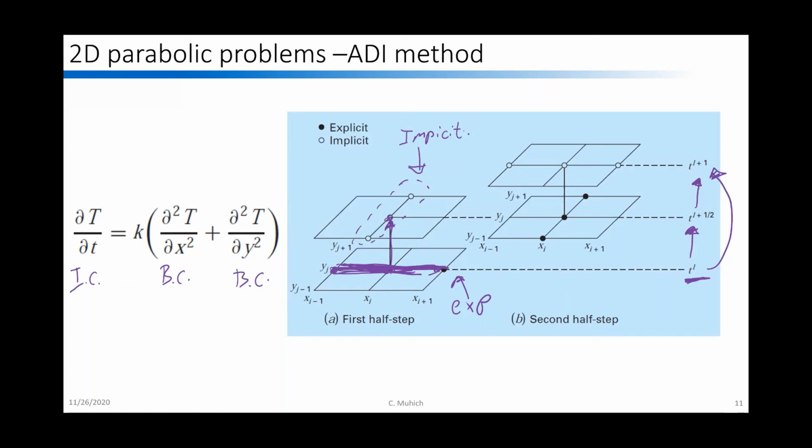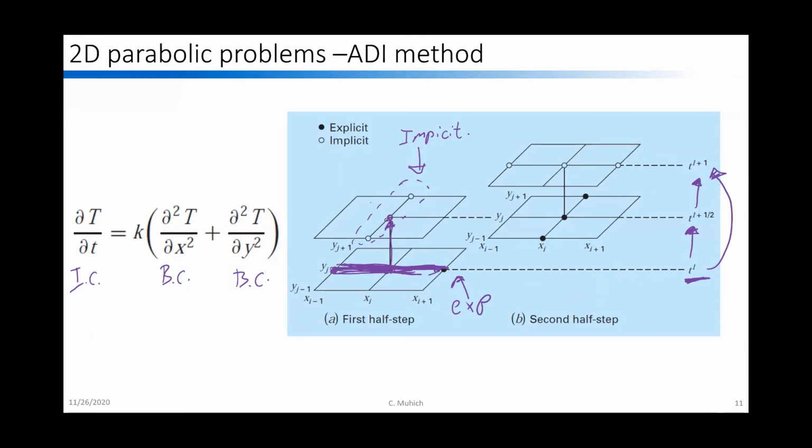Now, if I were to do this again in the next half step, I would have an uneven treatment of my x direction and my y direction, right? Because the implicit method is more accurate, so I would have treated the y's better than the x's.